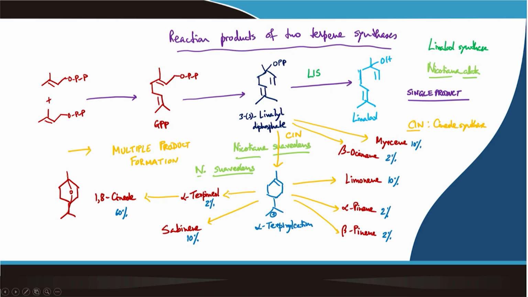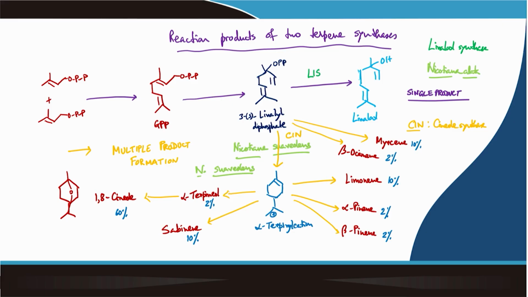And the main enzyme is cineol synthase, because it catalyzed the maximum formation of cineol, that is why it was named so, but it has multi-product formation capability. So, that is the beauty of terpene synthase. One monoterpene synthase, LIS, only makes linalool, whereas another one, CIN, makes so many products.